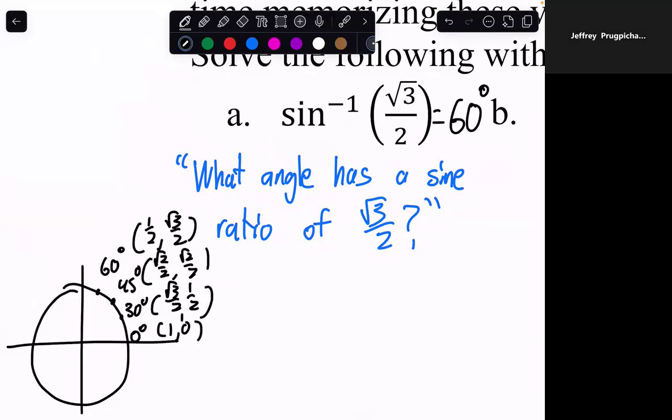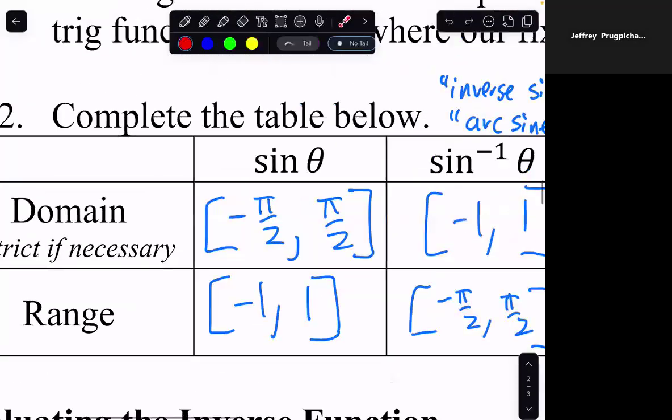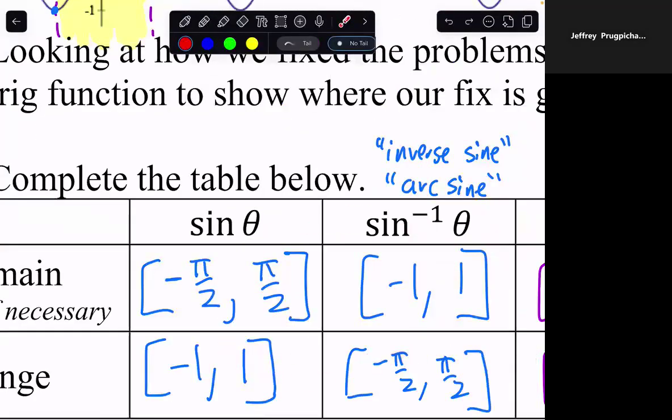Now you probably remember that. Well, can't you keep going on? Can't you reflect this over and say 120 degrees? Yeah, the x coordinate is negative, but the y coordinate is still positive, still going upward. So shouldn't 120 degrees also be an answer? Well, we have to go by the domain restrictions.